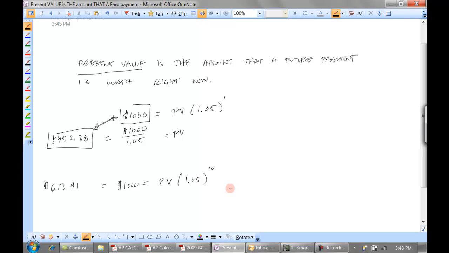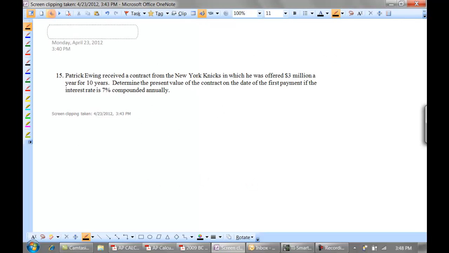So we can do this with geometric series if you're given payments over and over and over. So if we take a look at this problem where Patrick Ewing receives $3 million for 10 years, what is the present value of that contract? Well, the present value of that contract, you have to look at each one of those 10 years.